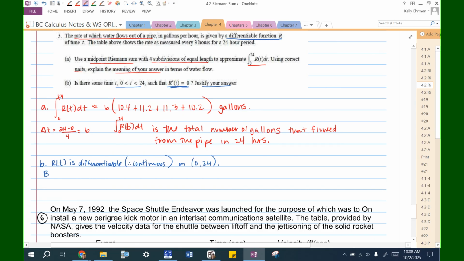So then I can say by MVT, by the mean value theorem, there is at least one time between 0 and 24 such that r prime of t is equal to r of 24 minus r of 0 over 24 minus 0, which is equal to 0.